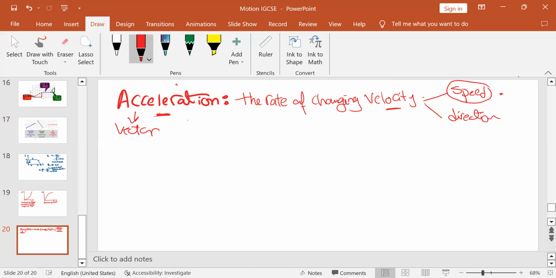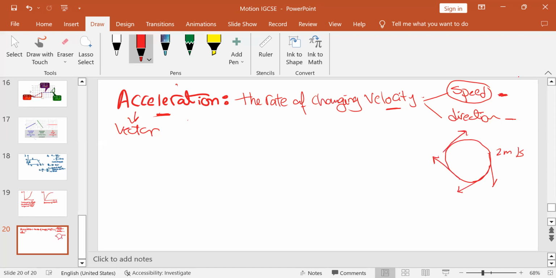Does it mean that maybe an object is moving with constant speed and changing direction? Can it happen that the object is moving with constant speed and changing direction? What if the object is moving in a circular path with constant speed, 2 meters per second, but at each moment the body is not moving in a straight line, it changes its direction and moves in a circular path.